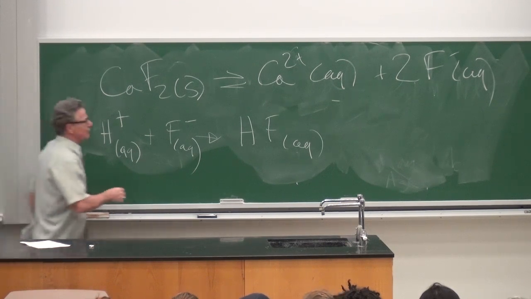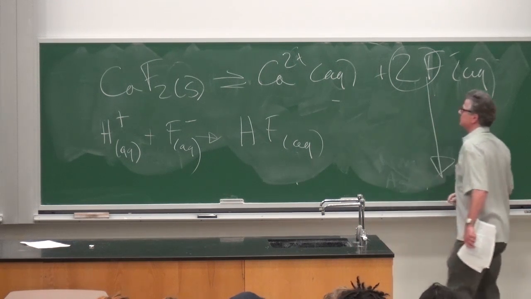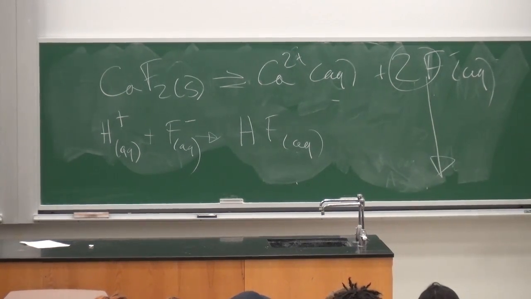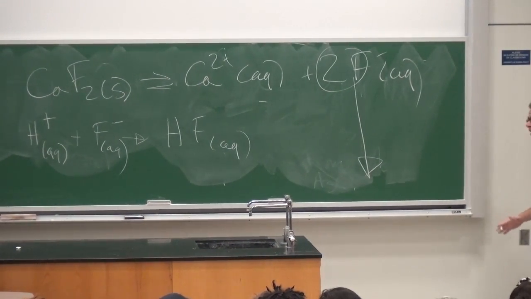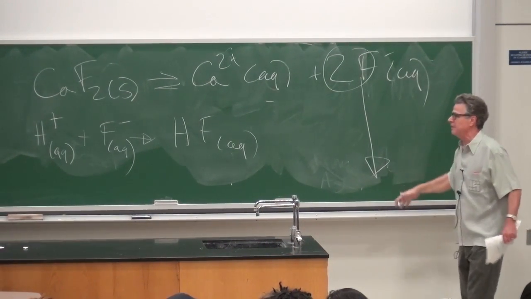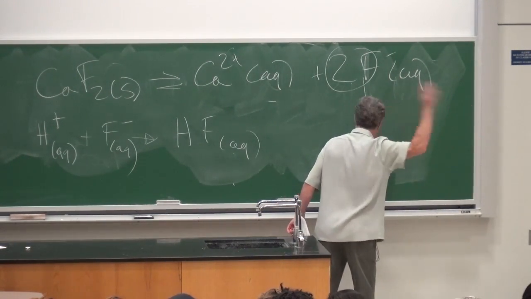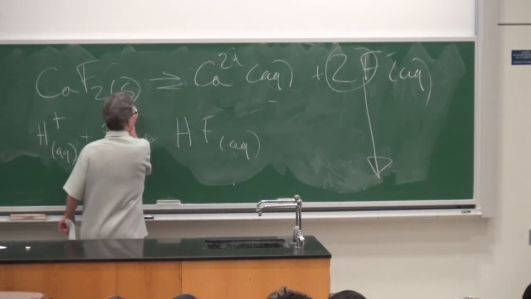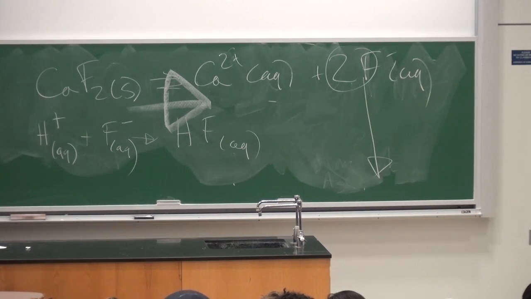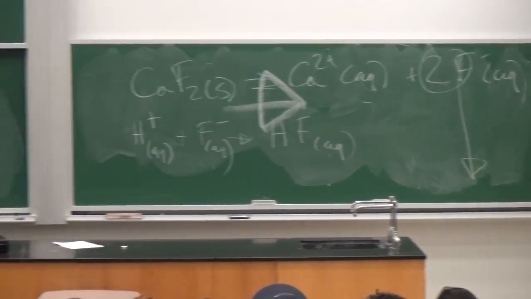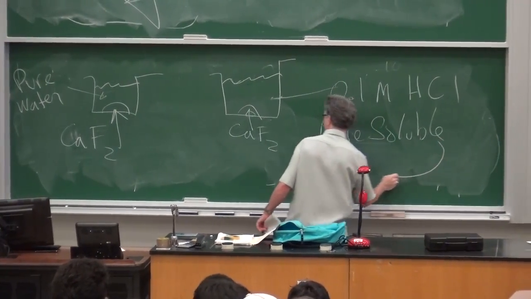We're stressing this reaction by decreasing the concentration of a product, because that product is getting consumed by the acid. And so Le Chatelier says if you stress a reaction by removing a product, then the position of equilibrium has to shift to the right. And so yes, the answer is correct. More soluble here.